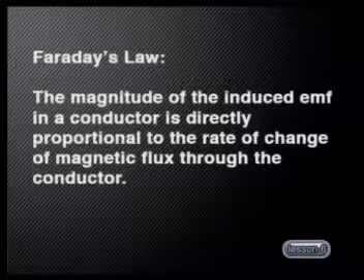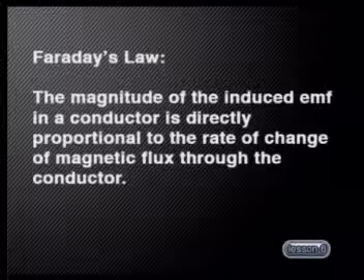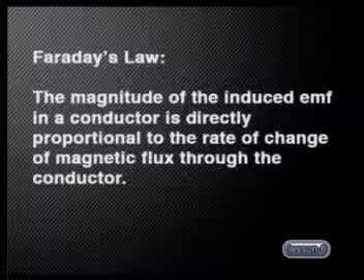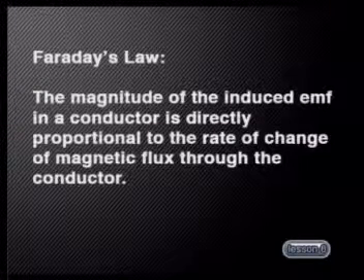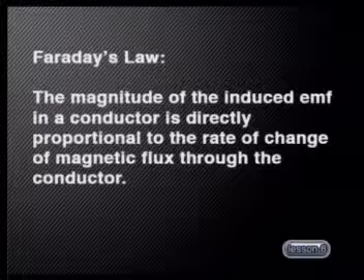We can summarize these findings in Faraday's law, which states the magnitude of the induced EMF is directly proportional to the rate of change of magnetic flux cutting across a conductor.